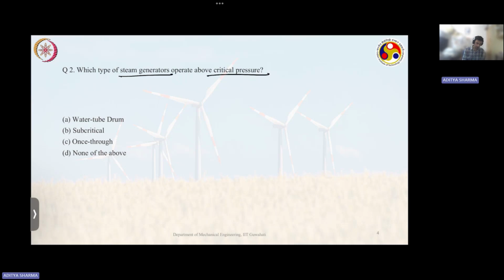Option A is your water tube drum type, option B is your subcritical, then your once through, and then no option is correct out of the given options.